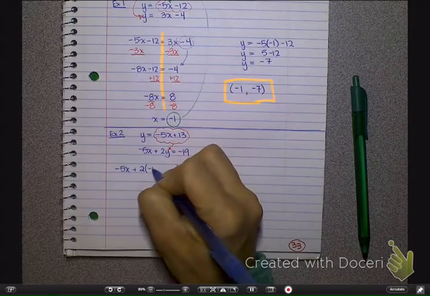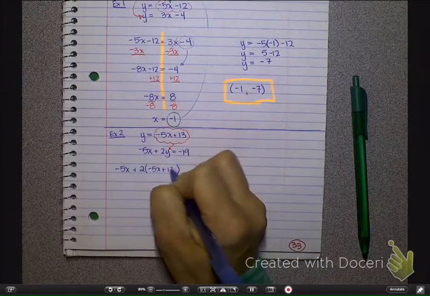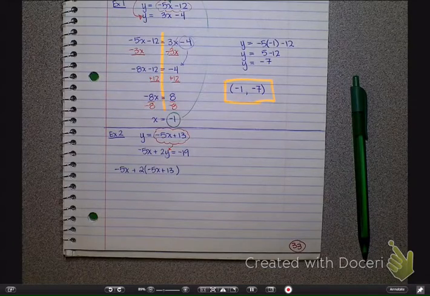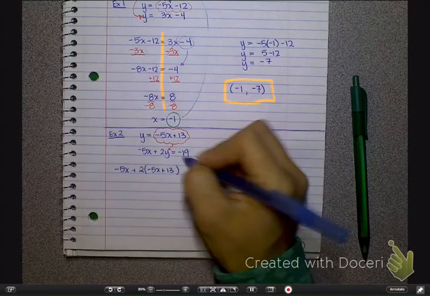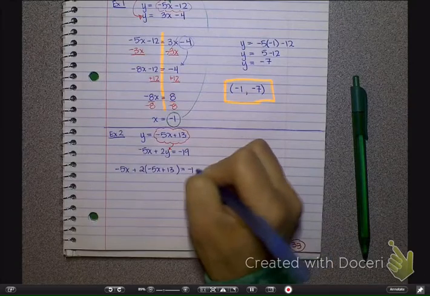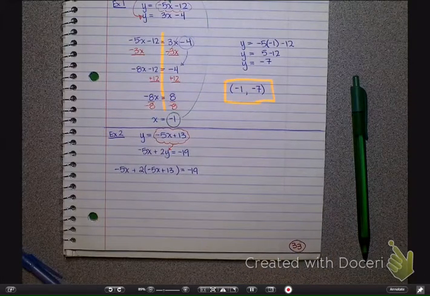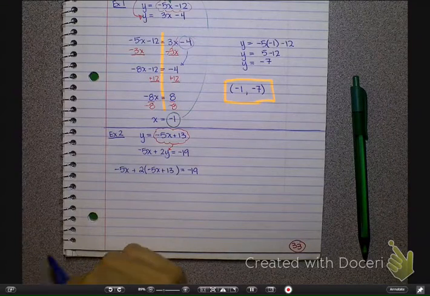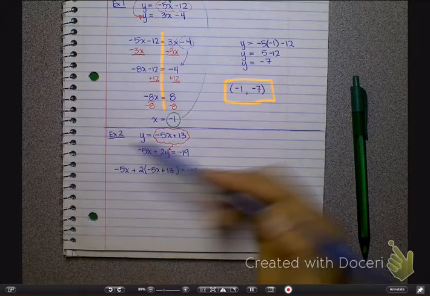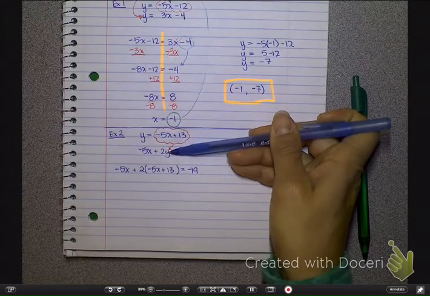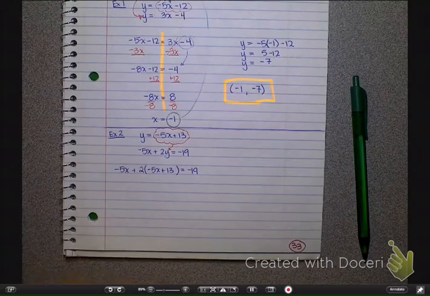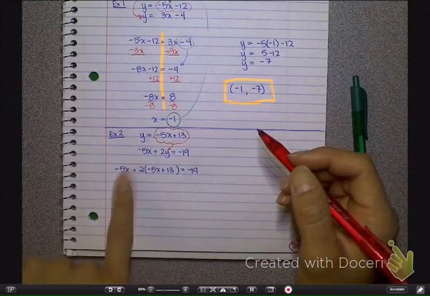So negative 5x plus 13 goes in parentheses. Okay, and then equals negative 19. Does that make sense how I got that? I just put this whole thing in the spot for y. Okay? All right, so now let's go ahead and solve this equation.